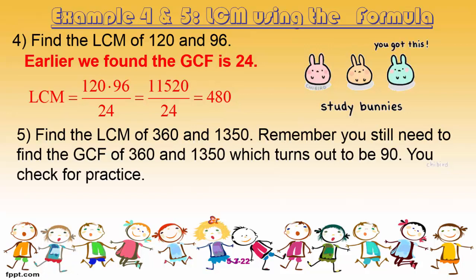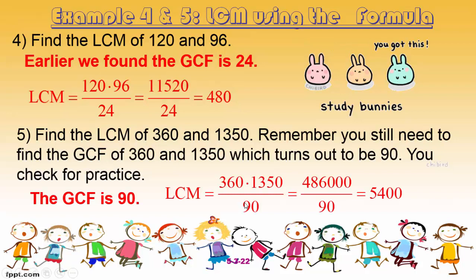In example number 5, we're asked to find the least common multiple of 360 and 1,350. Now remember, here you still need to find the greatest common factor of 360 and 1,350, which turns out to be 90. You should check this for practice. The greatest common factor is 90, and we use that in the formula in the denominator here.